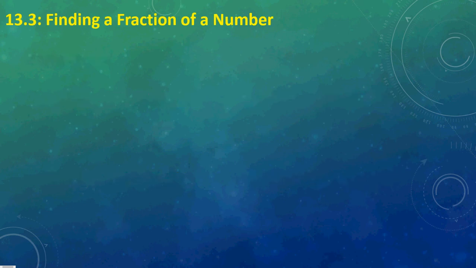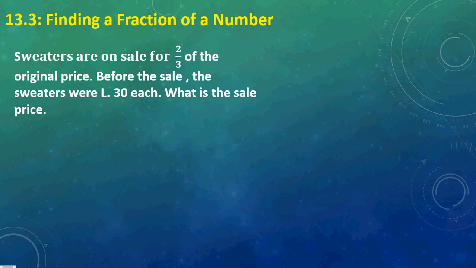Okay, let's go to 13.3, that is about finding a fraction of a number. We're going to resolve a word problem. Let's read it and then analyze it. It says, sweaters are on sale for 2 over 3 of the original price.